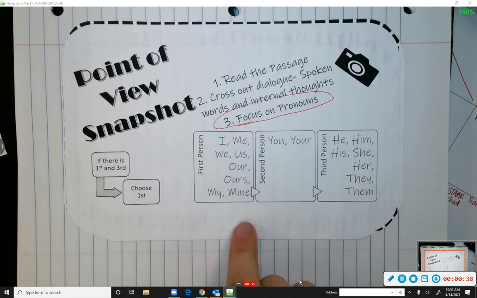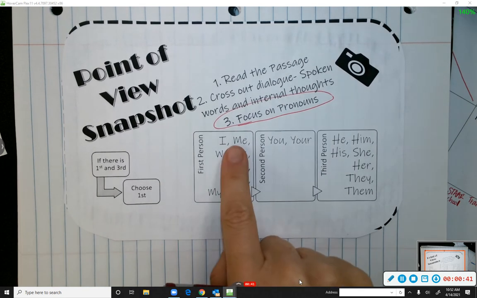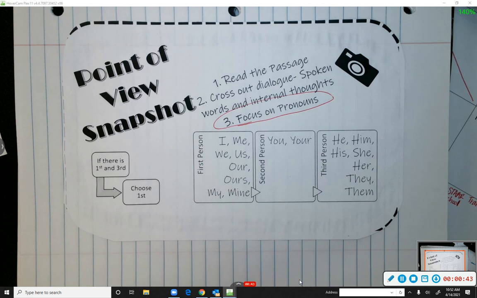So first person, the pronouns. First, who can tell me what a pronoun is? We've learned this before. Who can remember what a pronoun is? It takes the place of a what, Allie? Noun. Noun, okay? It takes the place of a noun. So instead of saying Miss Volker over and over again, I could say I or she.